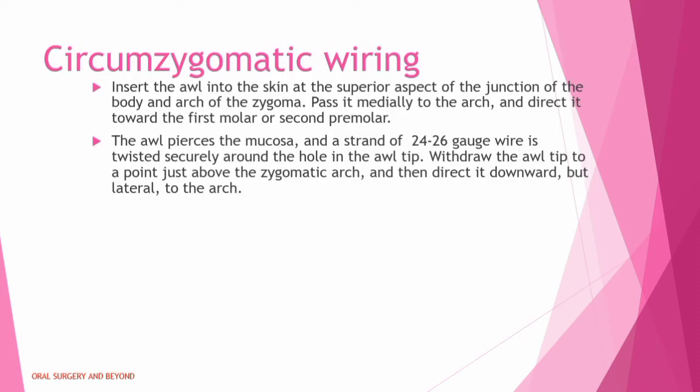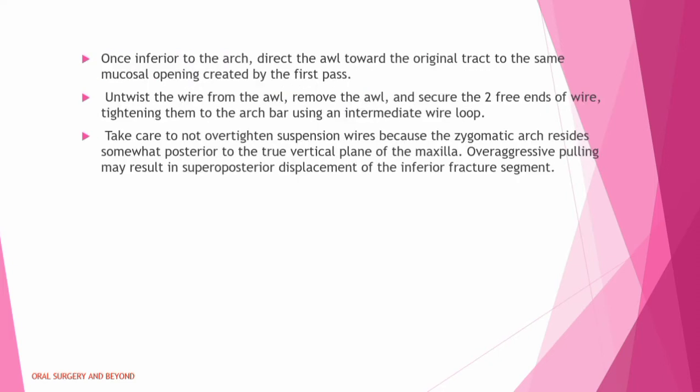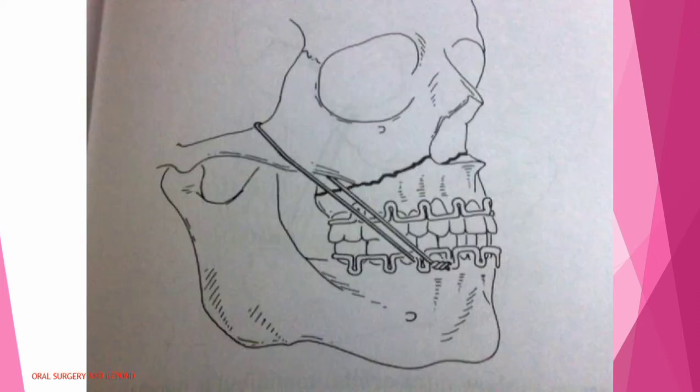Then we can do circumzygomatic wiring also. For this, 24 or 26 gauge wire can be used. Here a mandibular arch bar is connected with a circumzygomatic wire of 26 gauge, and the occlusion IMF is achieved.